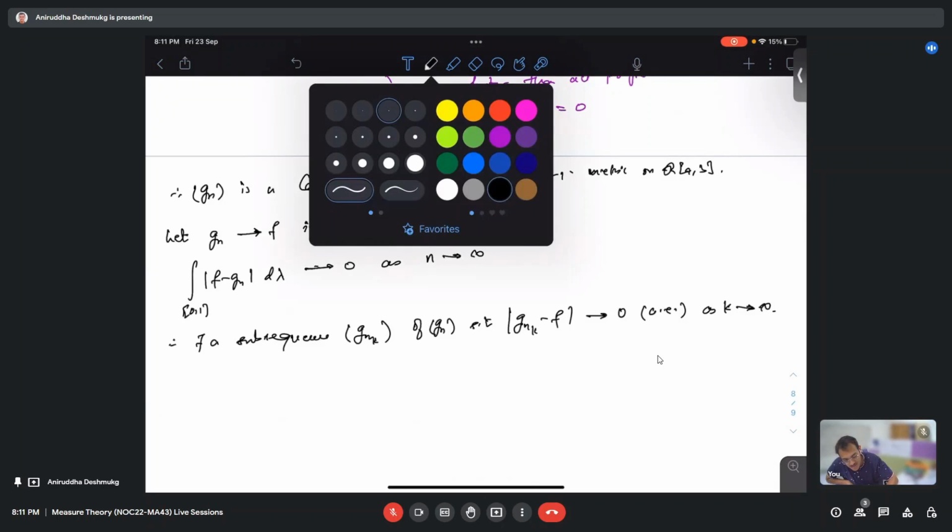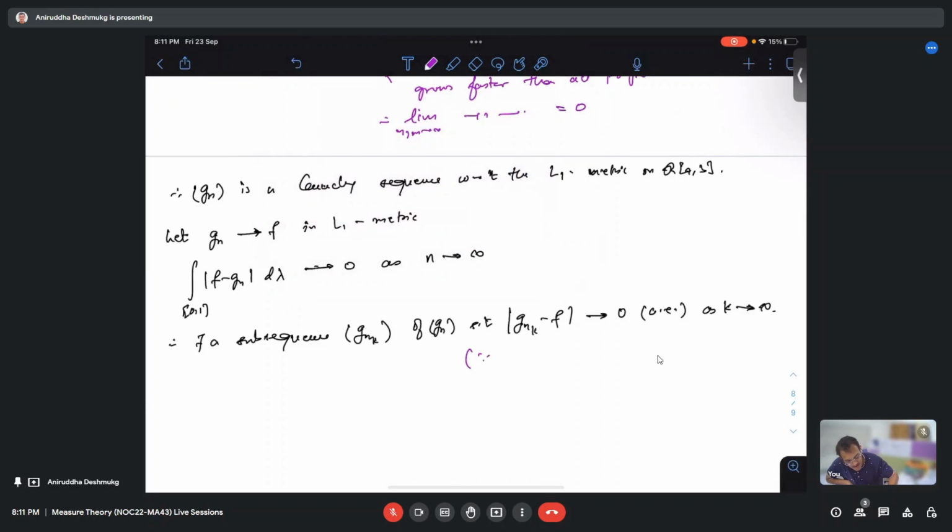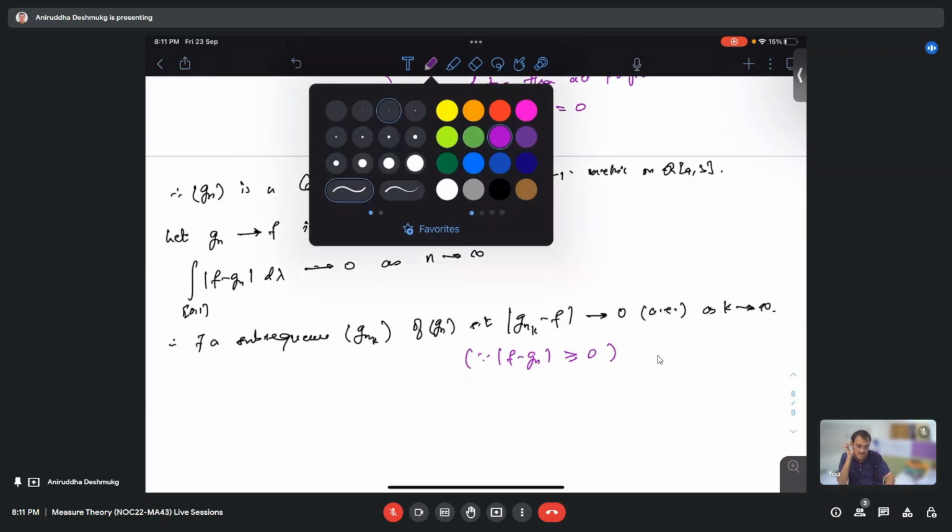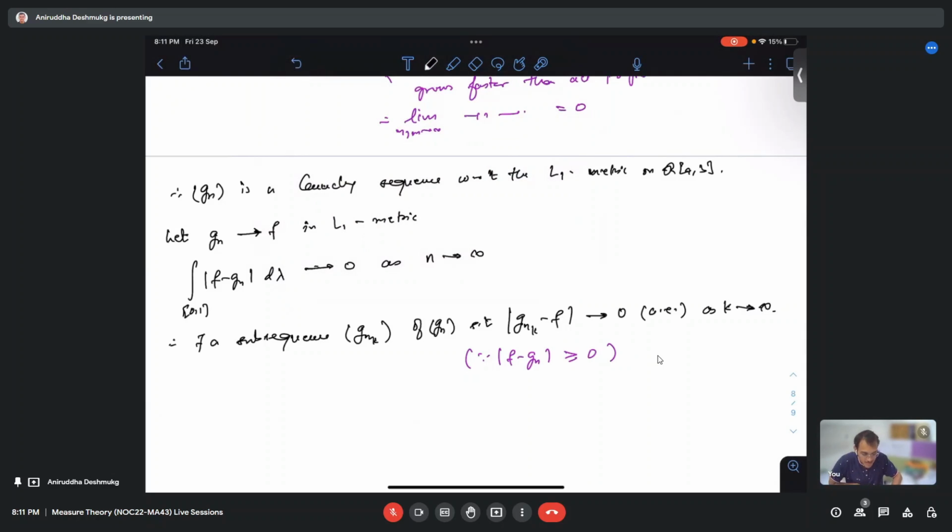This is true because mod of F minus Gn is greater than or equal to 0, and this type of sequence can go to 0 only if there is a subsequence which goes to 0 of the integrands. Perhaps we'll see this in one of the lectures later. So for the time, assume it. If it is not covered in the lectures, we will definitely do it towards the end of the course.